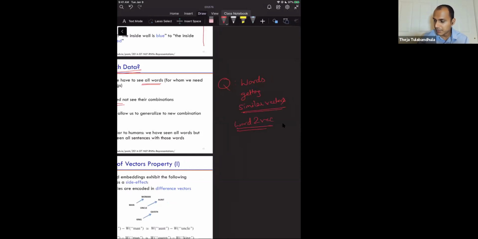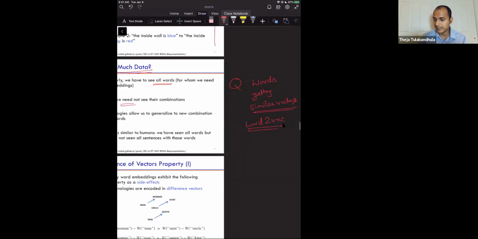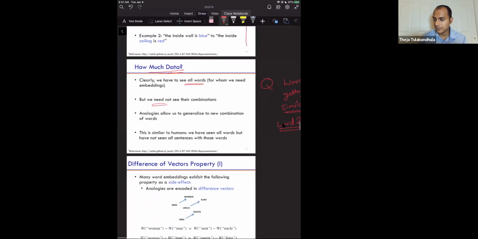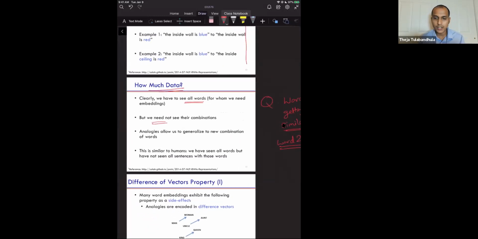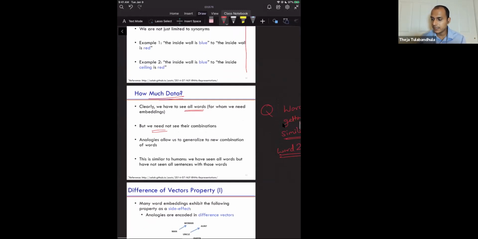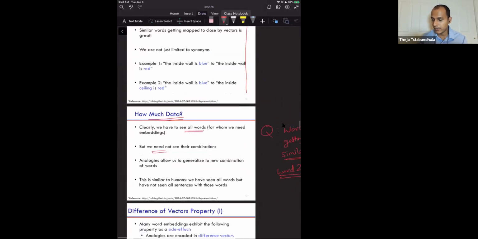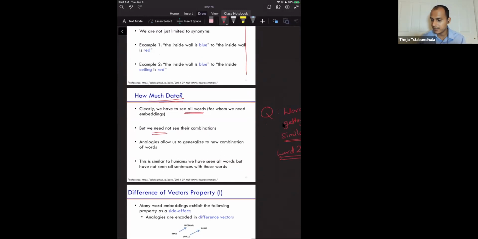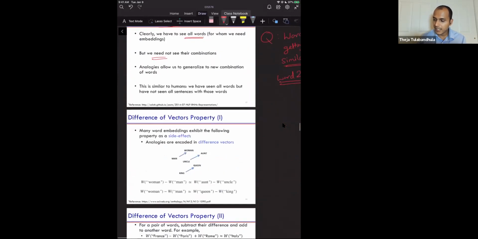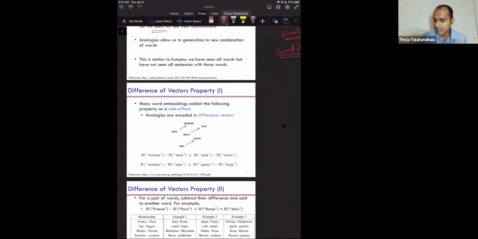So we are talking about a few other aspects currently. The first thing was, what is the quality of the embedding? Second thing was, do you need all combinations of words to be seen in your sentences. And the third thing, which is true, or at least these are cherry-picked examples for Word2Vec, is that if you take differences of the vectors, you actually get similar vectors.